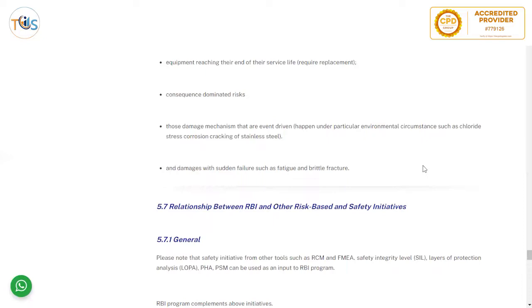Those damage mechanisms that are event-driven happen under particular environmental circumstances, such as chloride stress corrosion cracking of stainless steel, and damages with sudden failure such as fatigue and brittle fracture. Because they are sudden, most of the inspection techniques, except metallography and the like, cannot detect the fatigue limit.